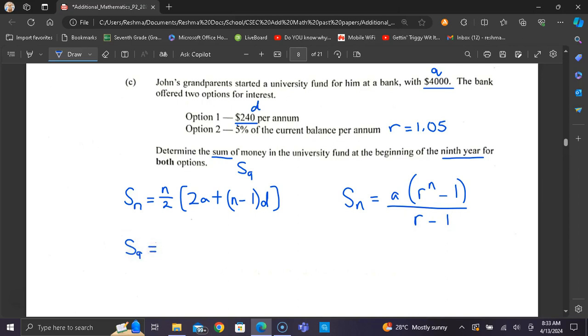So let's substitute our values that we have. If you want to find S9, n is equal to 9. So we have 9 over 2, and of course this is option 1. Alright, so 9 over 2 times 2 times a, so that's 2 times 4,000, plus n minus 1, 9 minus 1 is 8, times d, which is 240.